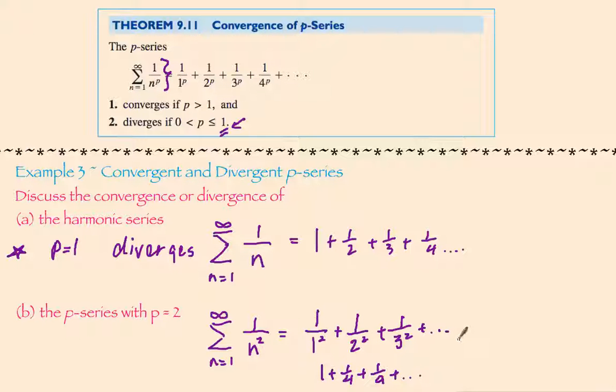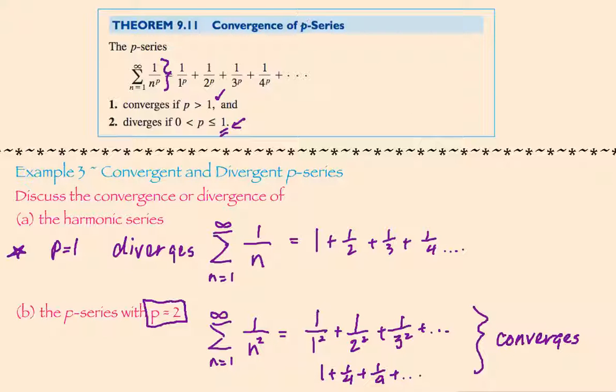I'm just showing you what this looks like for fun. We already know that since this is a p-series and p is greater than 1, based on the rule that we have been given, this series converges. So hopefully all of the questions that you ever have about convergence or divergence are p-series, because it is an easy test to administer, and that's it.